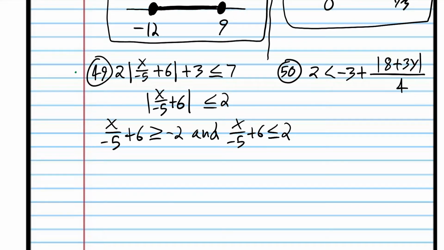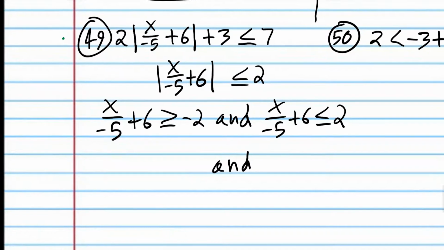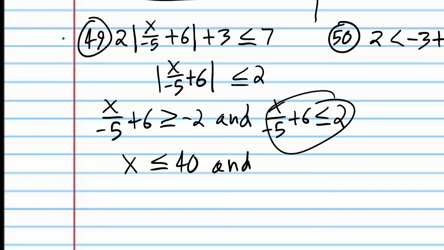So now we just bring the and down and we solve. So subtract 6 from both sides, multiply both sides by -5, and now because you're multiplying both sides by a negative, that inequality is going to flip. All right, and over here, same thing. Subtract 6, we get -4, multiply both sides by -5, and we get 20.